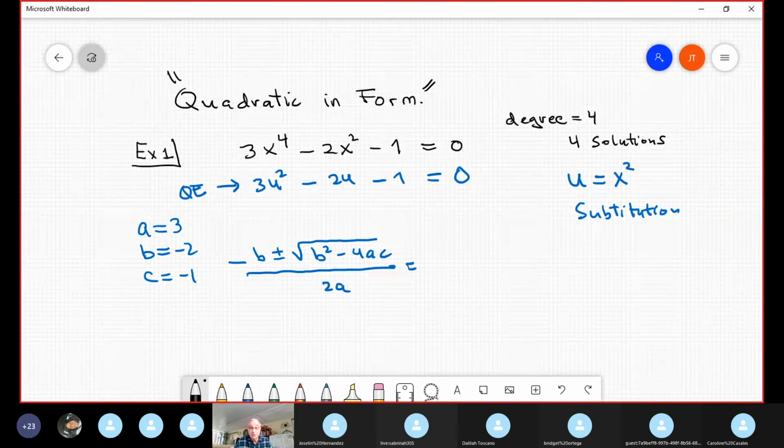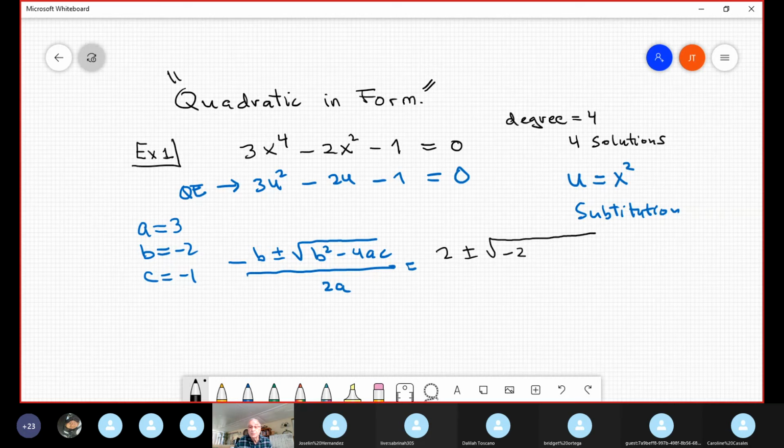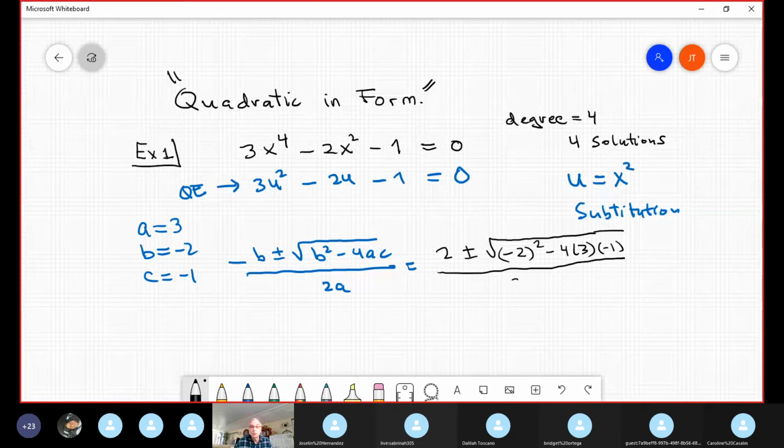Frequently that situation happens. Entonces 2 positive plus or minus square root of minus 2 squared minus 4 times A, que es 3, times C, que es -1, divided by 2 times 3.